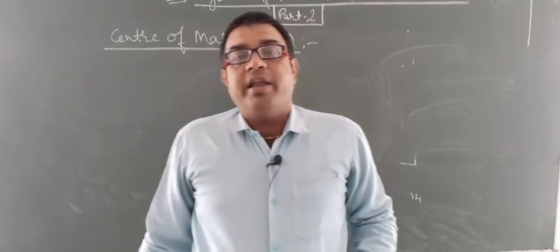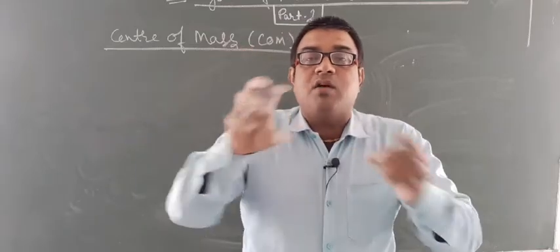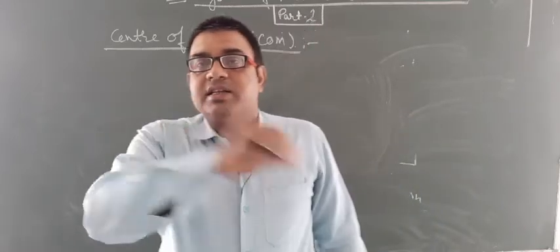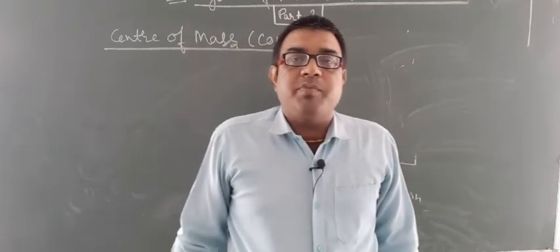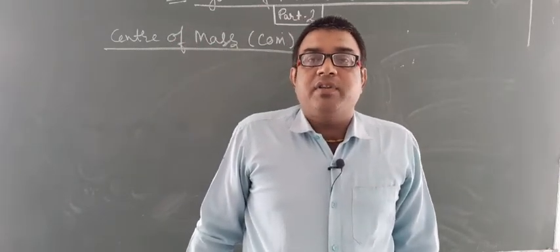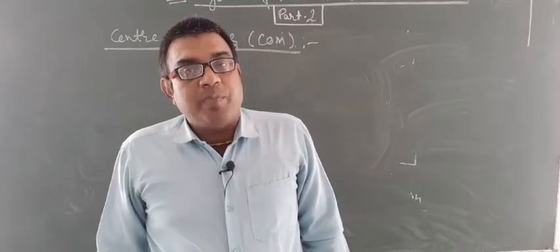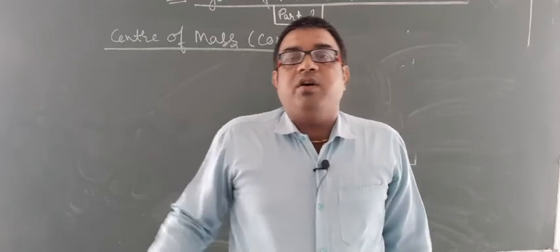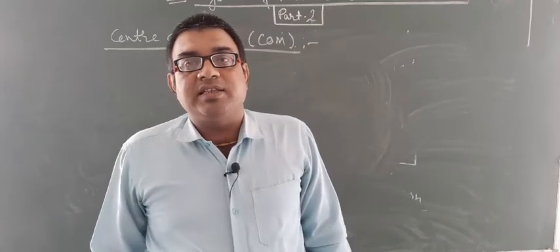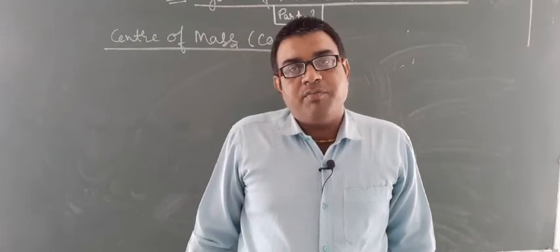For any rigid body, we can suppose that the whole mass of the system of particles is considered at a particular point, and whatever forces are applied on the body are supposed to be applied at that point. That point where the whole mass of the body is supposed to be concentrated is called the center of mass of the body.